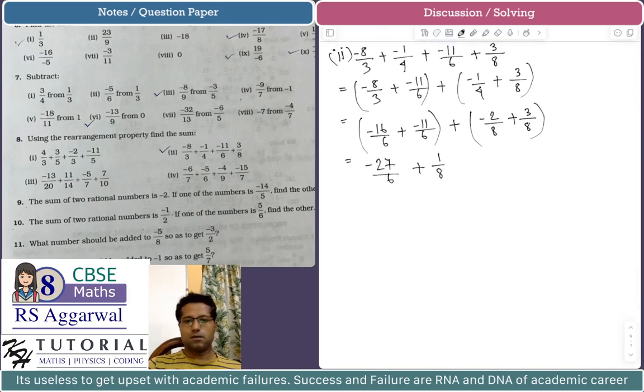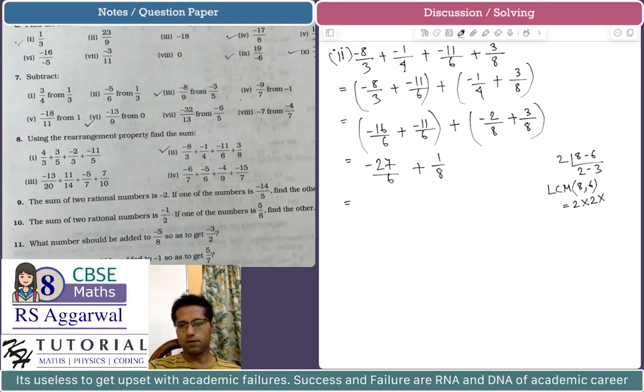Now what is the LCM of 8 and 6? I think it's 24, but let's find out. 2, 2, 3. So LCM of 8 and 6 is equal to 2 into 2 into 3, which is equal to 12.